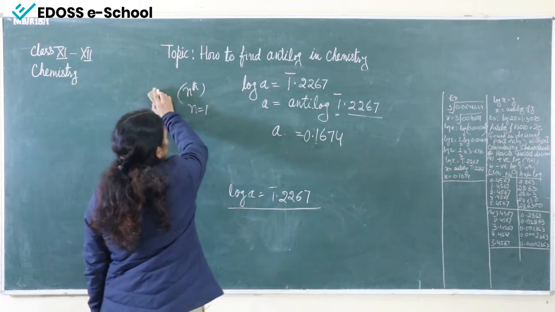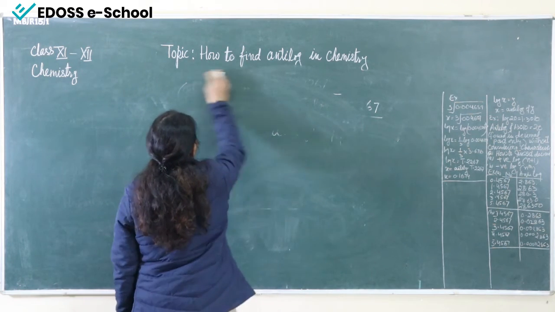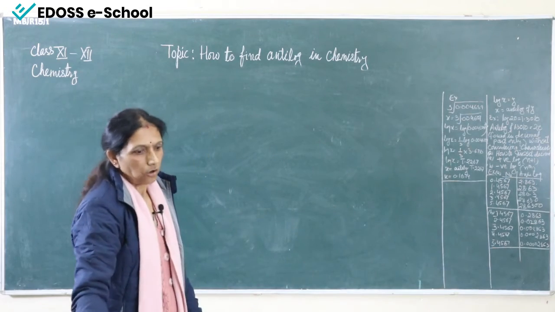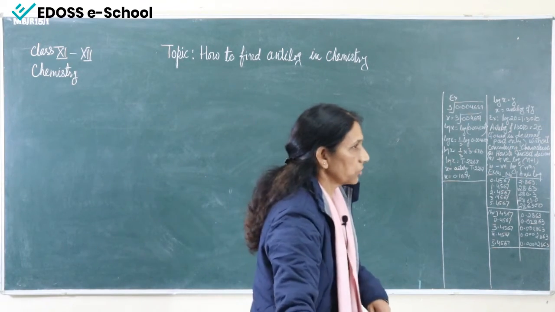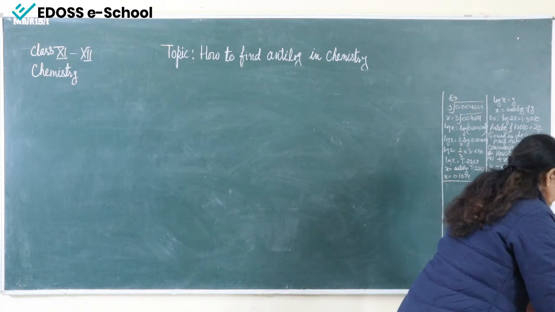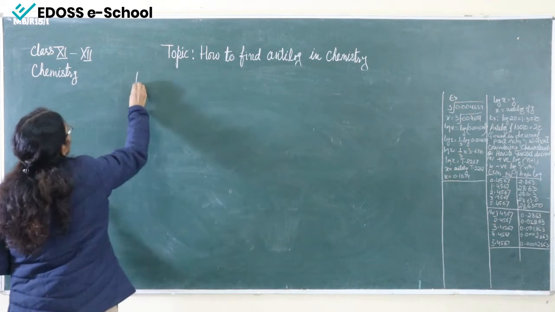Okay. Now, one practice question I am giving to you, that you can do at home and practice to find log or anti-log. This is from the electrochemistry chapter. So, this is the question I am giving you. This is practice question.